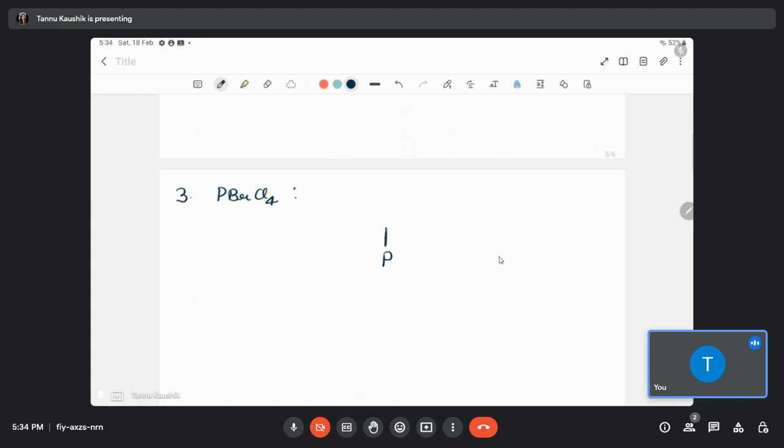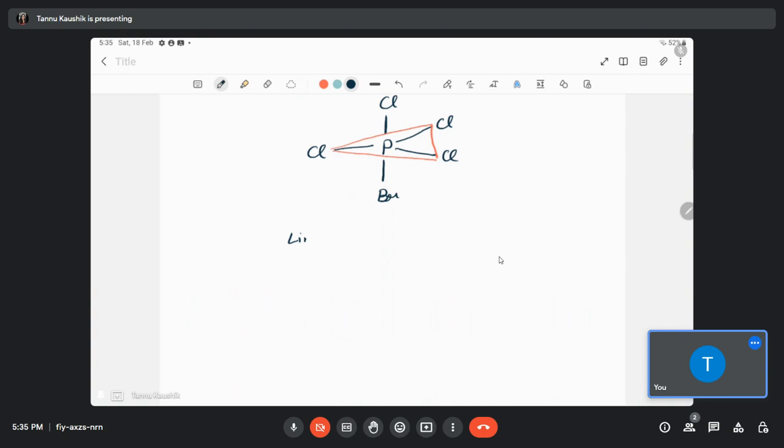So the geometry will remain trigonal bipyramidal. It will look like this. Okay. So we will be checking whether the molecule is linear. No. The molecule has trigonal bipyramidal geometry.